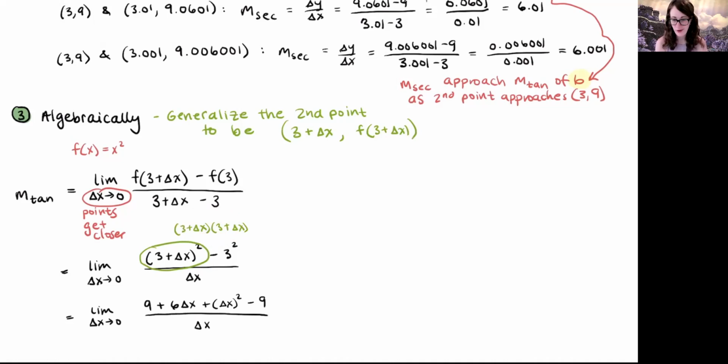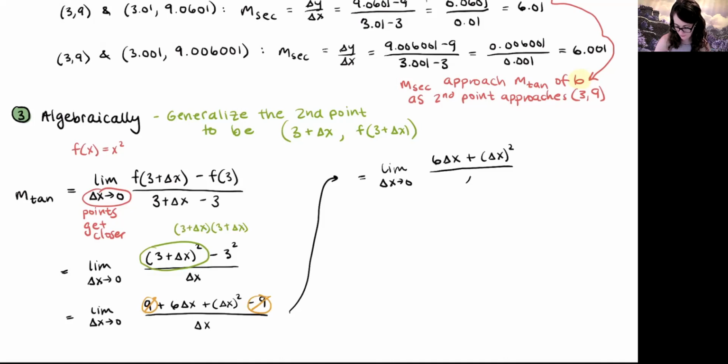Now we're off in our limit calculating land, so we just need to decide what's going to happen here with the canceling. So it looks like we have 9 minus 9, so those add up to 0. Then up top, what we have left is 6 delta x plus delta x squared all over delta x. Remember, in order to cancel out this delta x, what we need to do is factor out the delta x from the numerator.